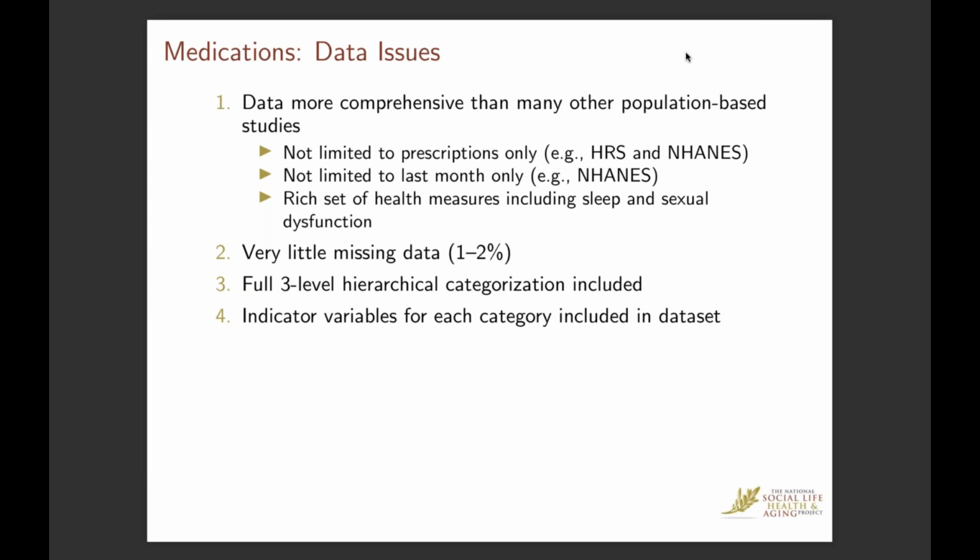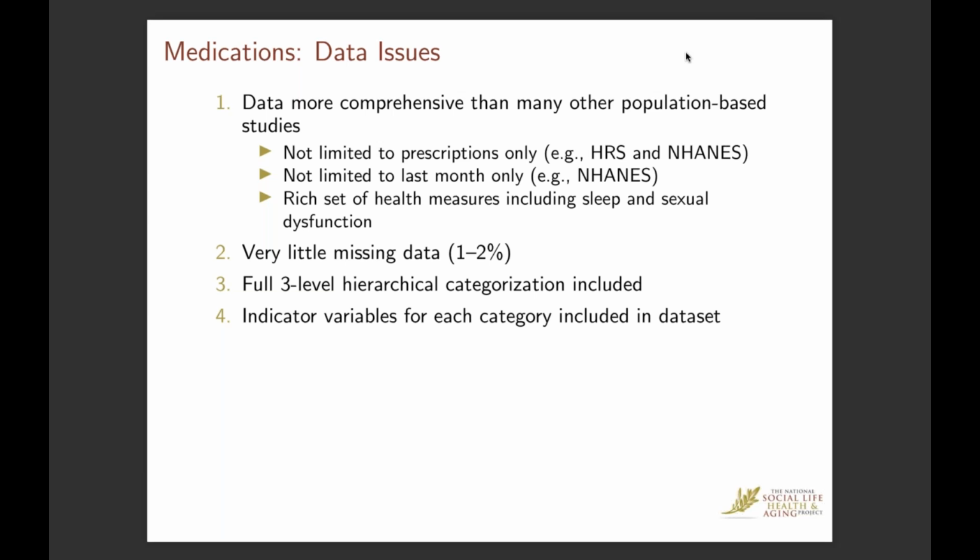And so that makes it an excellent data set in which to look at the impact of medication use and polypharmacy on a number of outcomes. The medication data are very high quality in NSHAP. Only about 1 to 2% of respondents refuse to participate in the medication log, so the data are really quite complete. And the full 3-level hierarchical categorization of the individual agents that Dima described in her slide is all available in the data set.